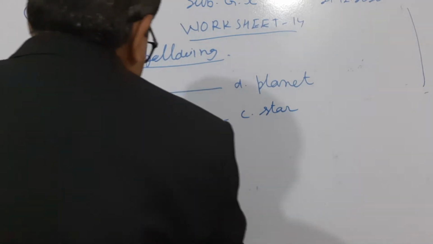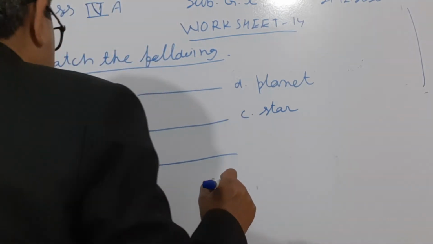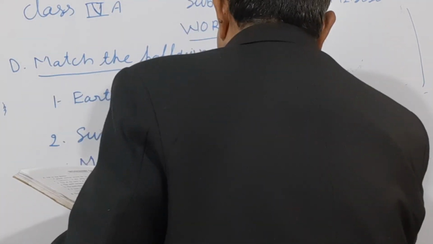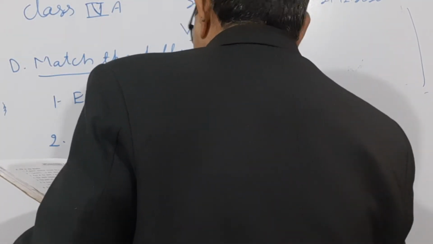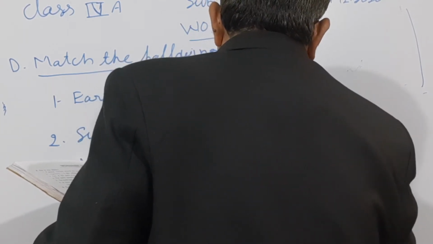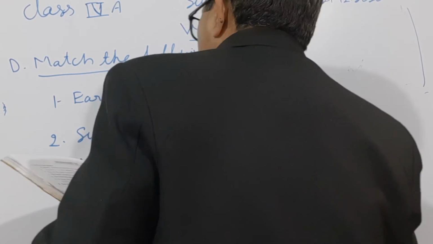In front of moon you have to write the satellite E. This is the natural satellite of the earth.